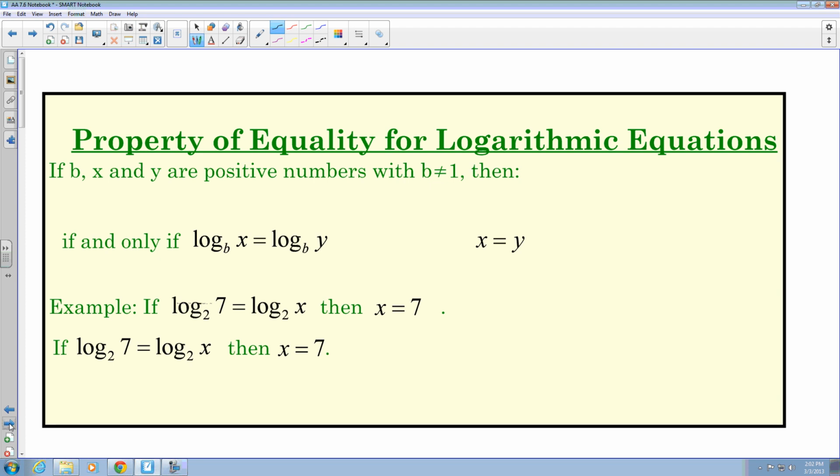Next thing we have is what is called the property of equality for a logarithm equation.